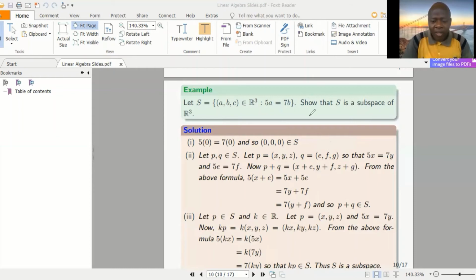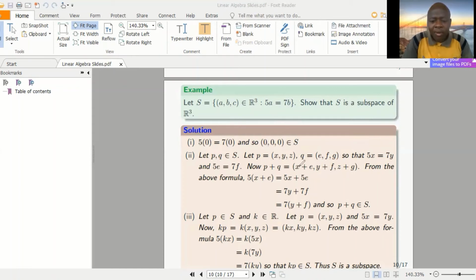Good. After this addition, I want to check whether P plus Q is in S. For me to check if it's in S, I want to see whether 5 times this first element would give me 7 times this second element.